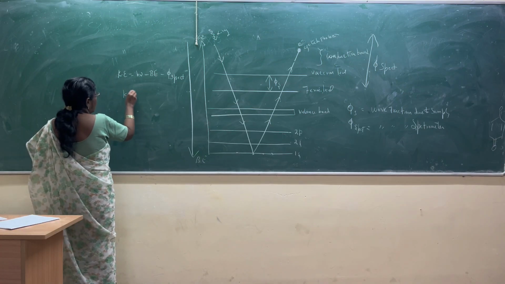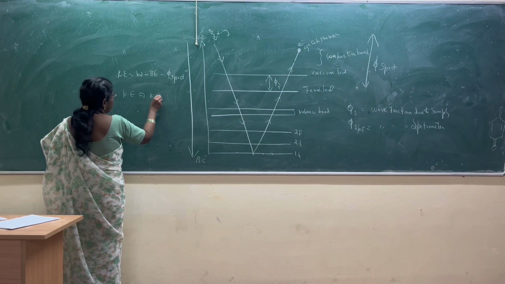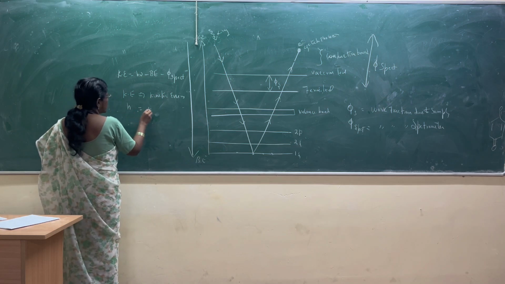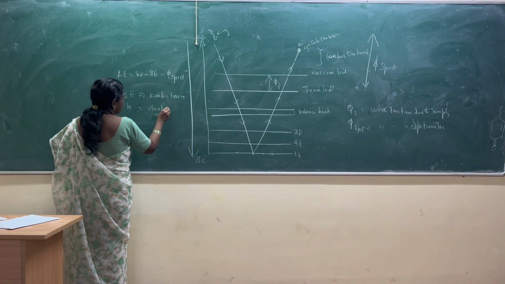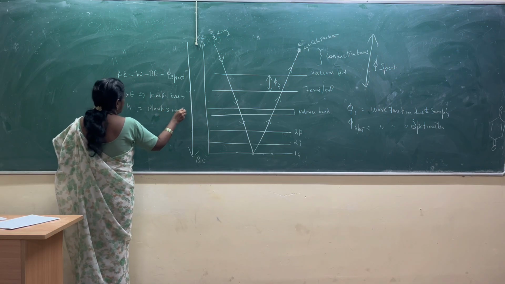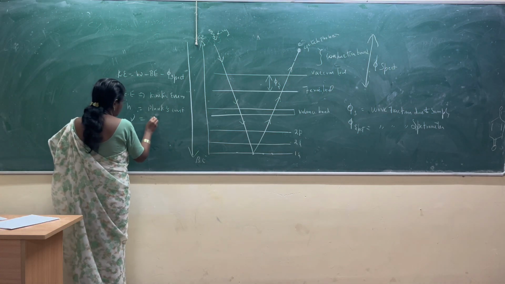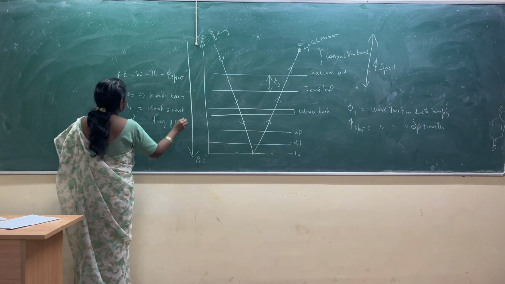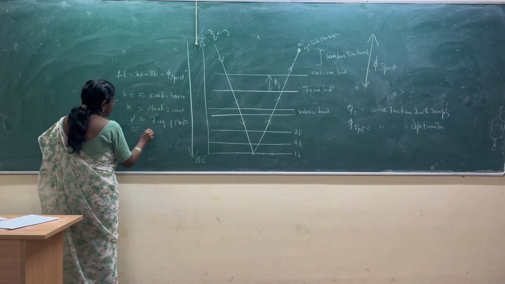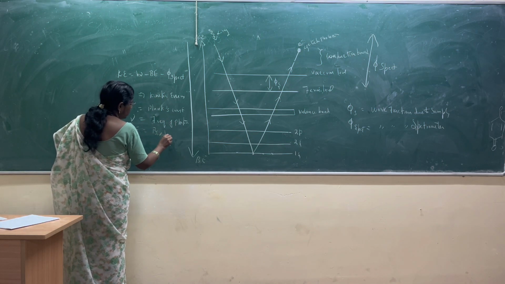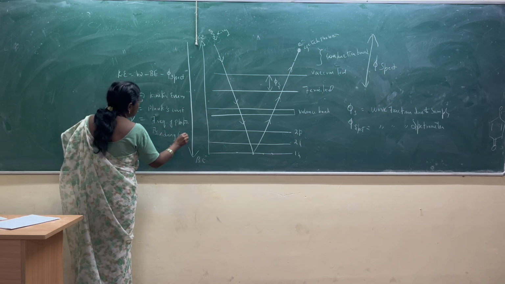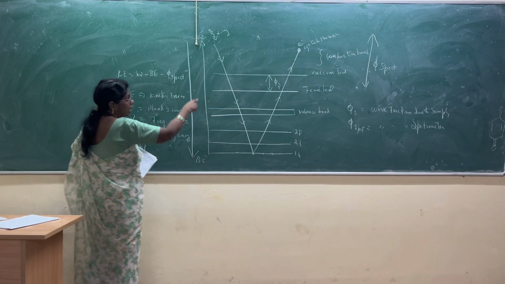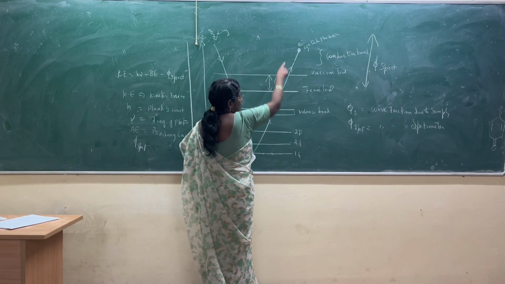So KE is called kinetic energy, and h is called Planck's constant, and nu is the frequency of the photon, and BE the binding energy, and phi spectrometer. We already studied that there are two phis, phi sample and phi spectrometer.